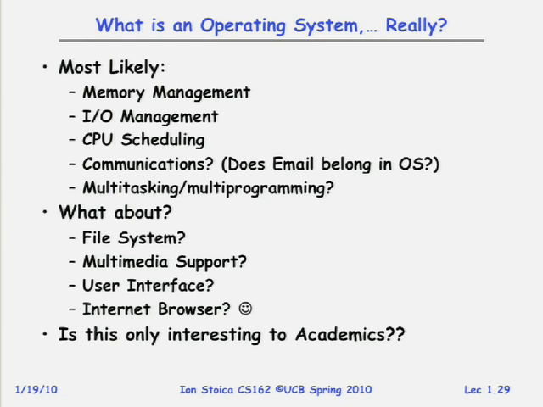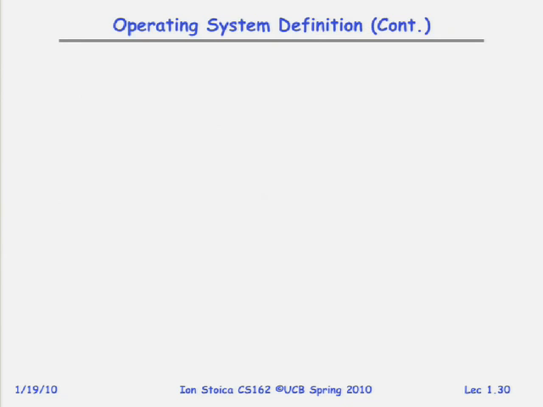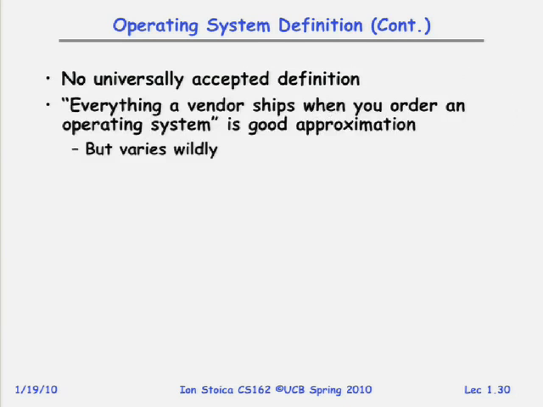Is this only interesting to academics? That's always a good question. So now, there is no universally accepted definition of what is in an operating system. There is a liberal definition which basically says everything the vendor ships with your order is part of the operating system.